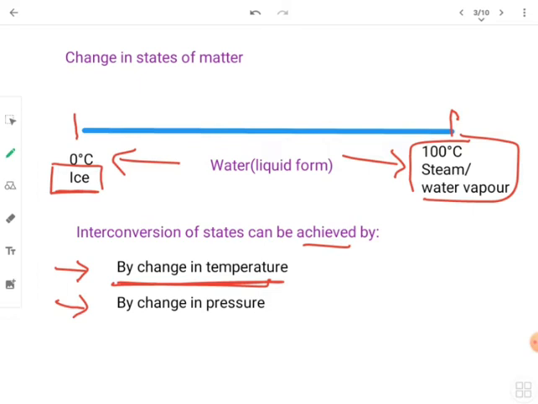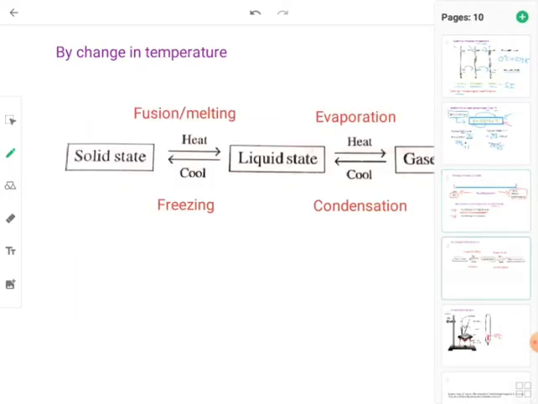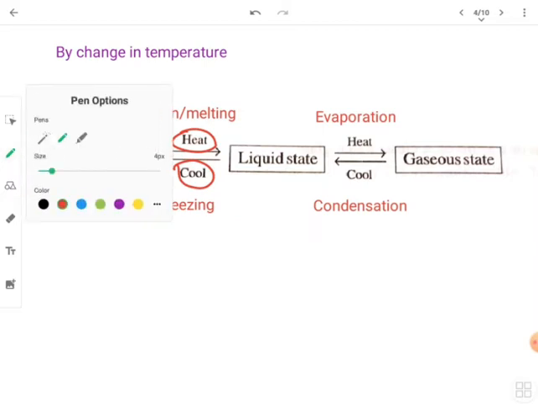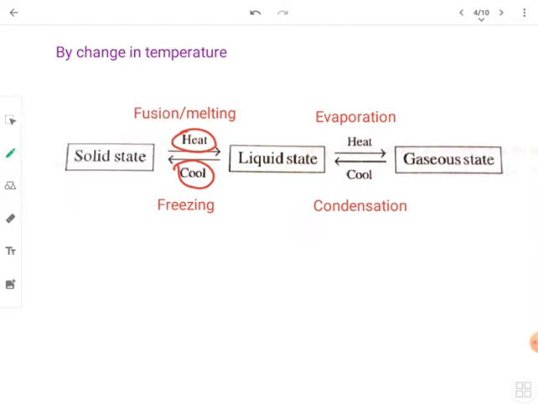We'll be discussing the change in pressure in the next video. Now let us see how do we do that. Now see, this is a simple diagram which might not be new to you. For example, when you change a solid into liquid state, that is when you melt it, you have to heat it. Similarly, when you have to bring it back to the solid state, you have to cool it. These are the basic things that you would have done in class, let's say 6th and 7th.